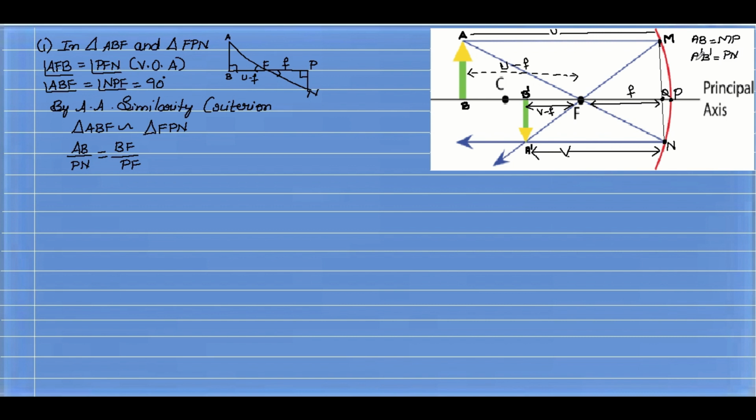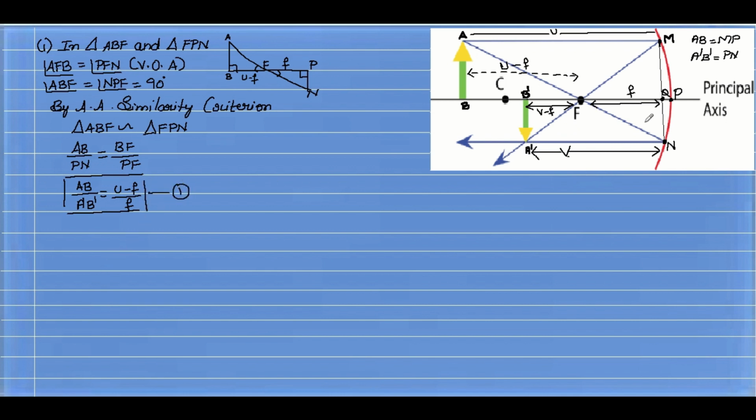So instead of PN we can write A dash B dash. So we can write AB by A dash B dash is equal to BF by PF. The distance of BF is U minus F, and the distance of PF is F. So let this be equation 1.